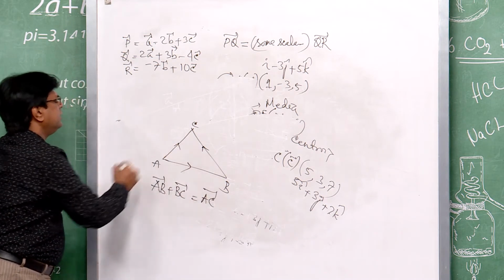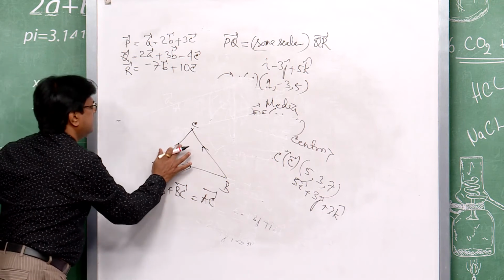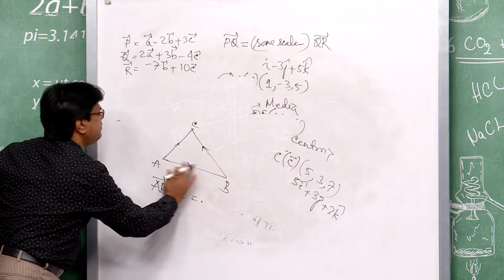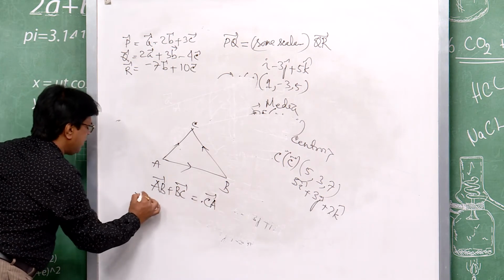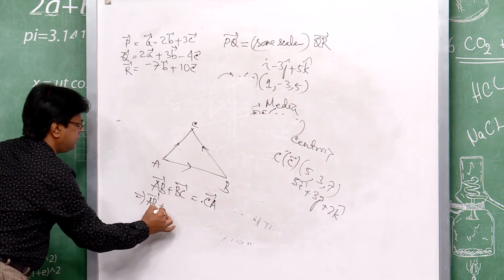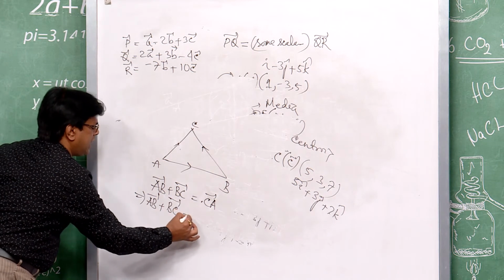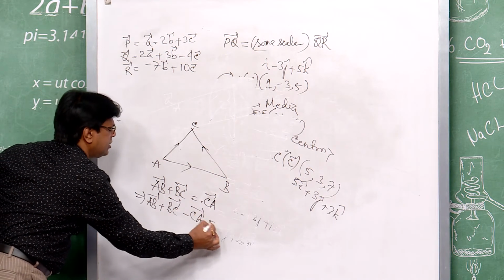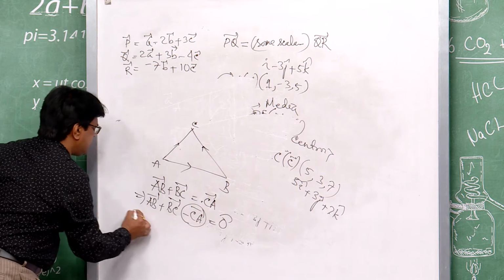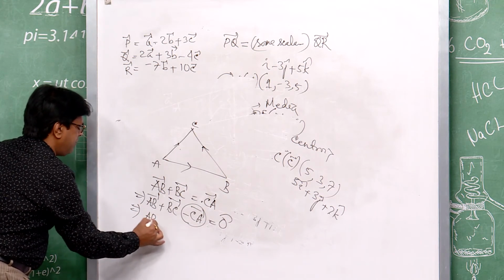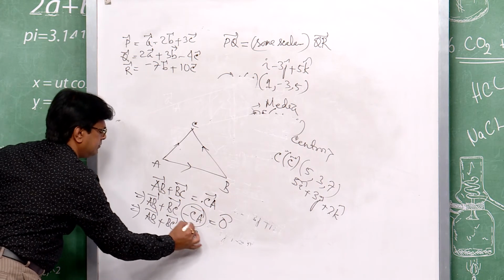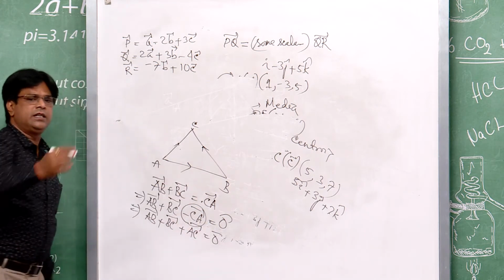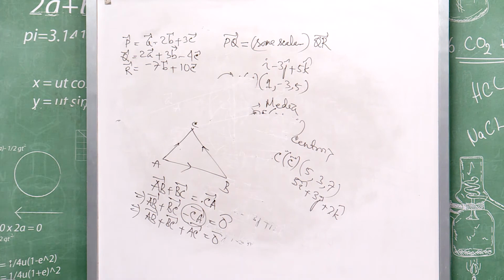This is AB plus BC is equal to AC vector. So, this becomes AB plus BC minus AC vector is equal to 0 vector. So, minus AC vector becomes CA, so AB plus BC plus CA is equal to 0. So, the answer is the 0 vector for this case.